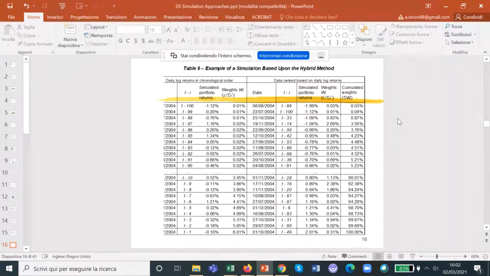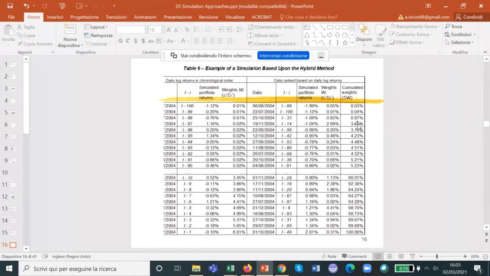The hybrid approach tells you that you have to cut the distribution not by giving the same weight to everyone, which would be 1% each over 100 returns, and therefore you would cut it at the second one, i.e., 1.12%. Rather, you look at when the cumulated weights get to the percentile that you want, i.e., 1%.